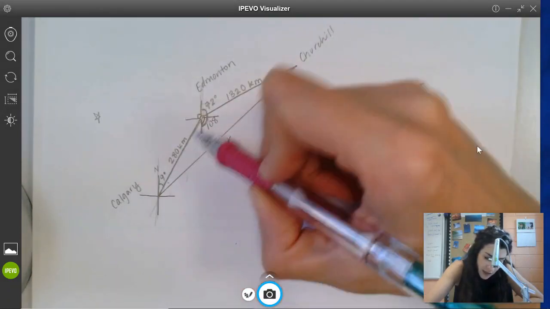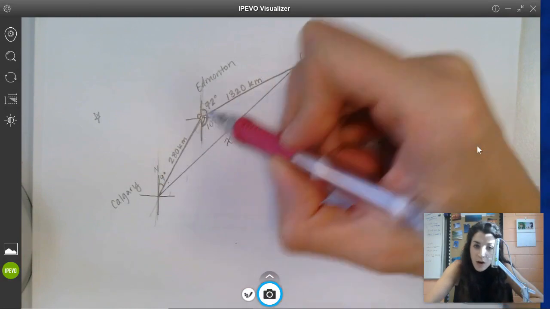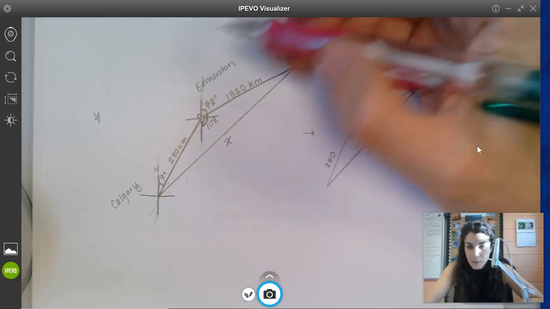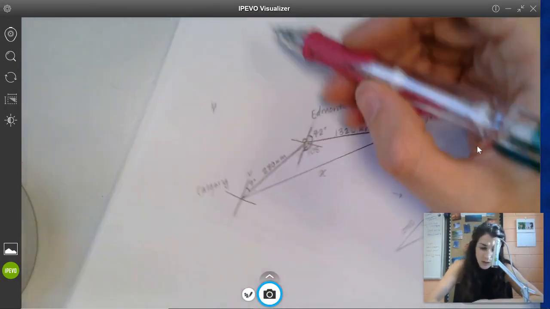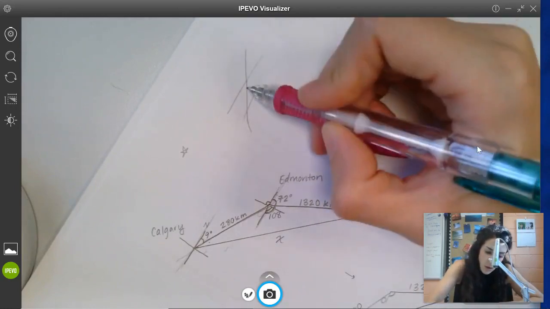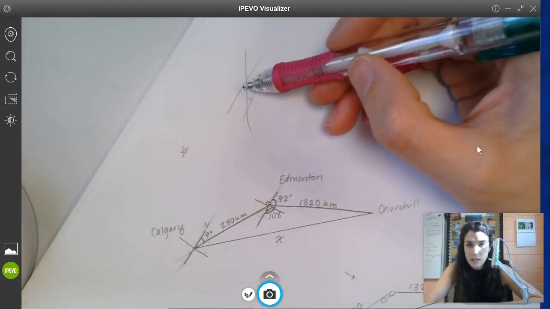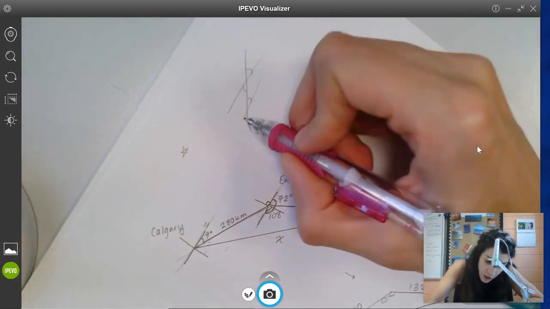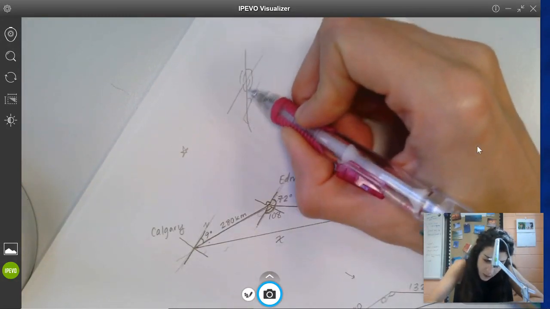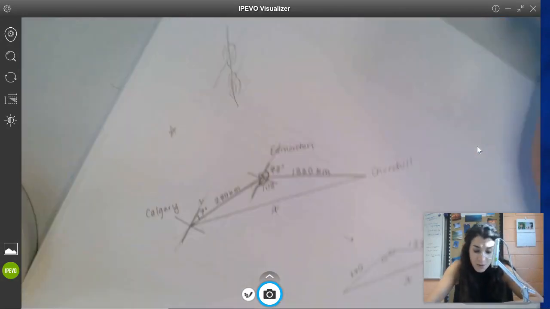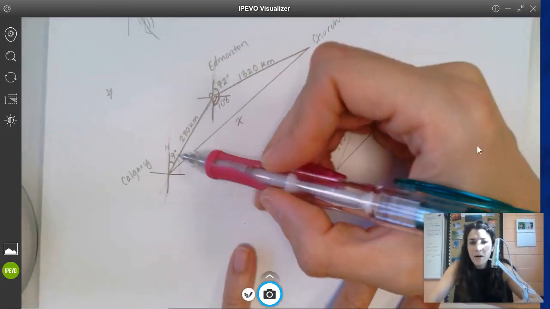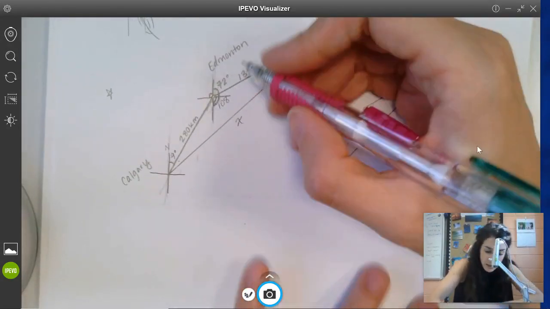This angle and this angle are actually equal because of parallel line transversal relationships. Alternate interior angles. The main idea with parallel line and transversal relationships is all small angles are equal to each other and all big angles are equal to each other. And as long as you can remember that, then you can remember, oh, that and that must be equal.